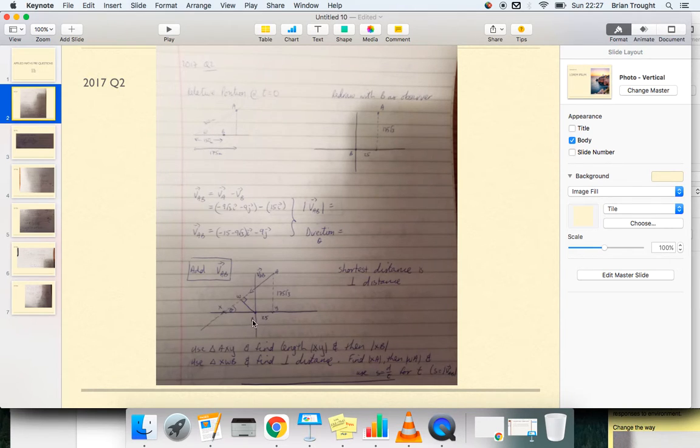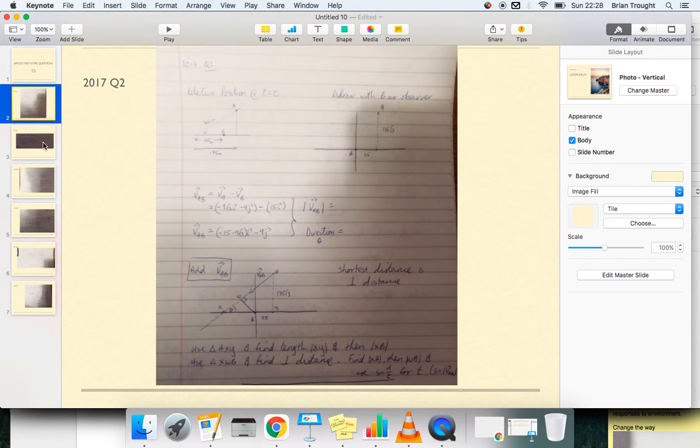Now, with XB and theta, you should then be able to get XW, and you subtract XW from XA or AX to give you that distance. And then with that distance and the speed, you can use speed as distance over time to get the time taken for A to get to the shortest distance it is from B. Okay, hopefully that's fairly straightforward.